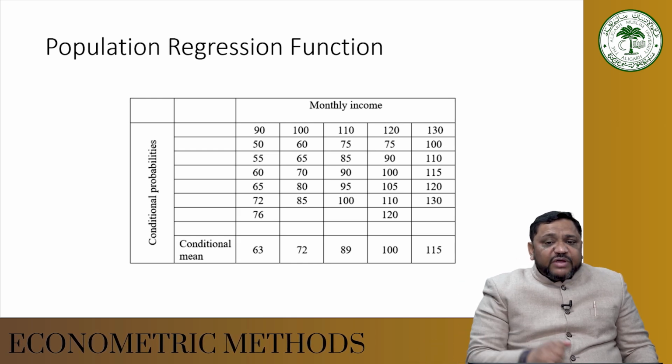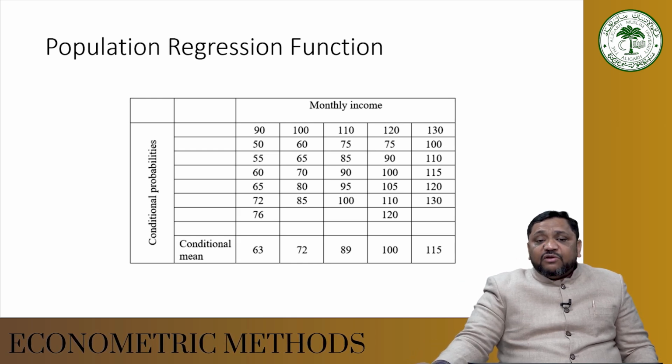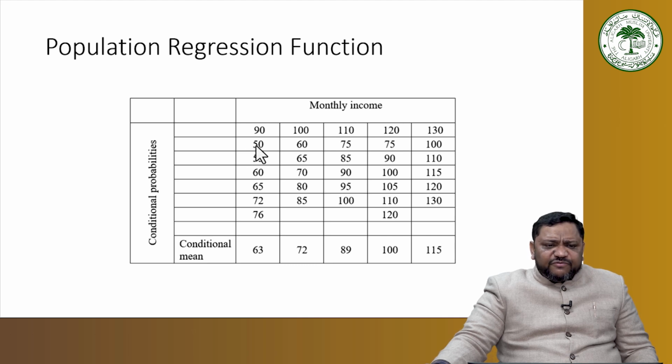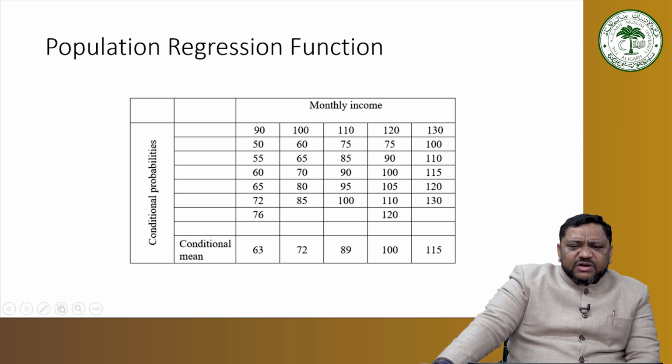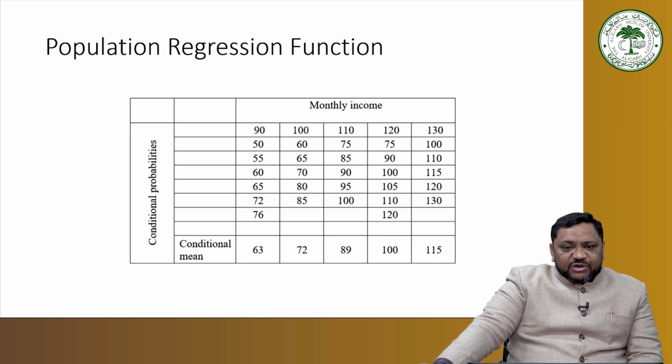You remember we calculated all these: we add all these numbers from 50, 55, 60, 65, 70, 76, then 60, 65, up till 130, and divide by the total number of families, which here is 27. We have earlier got the answer 87.34. That is the unconditional mean.